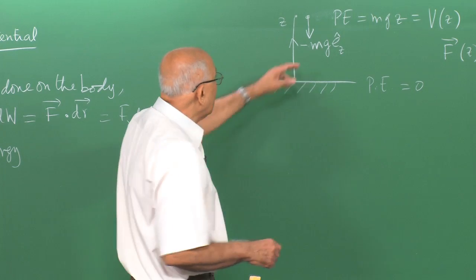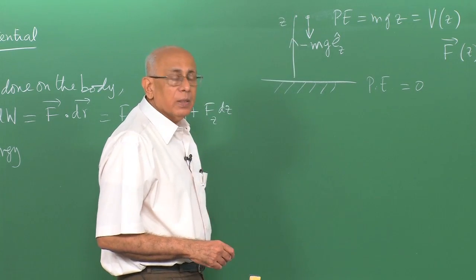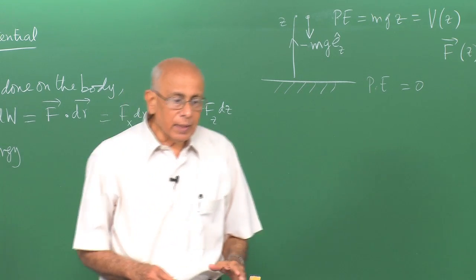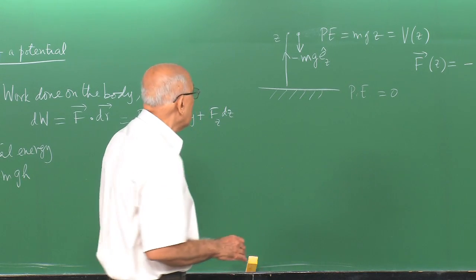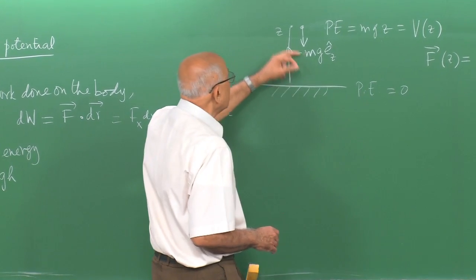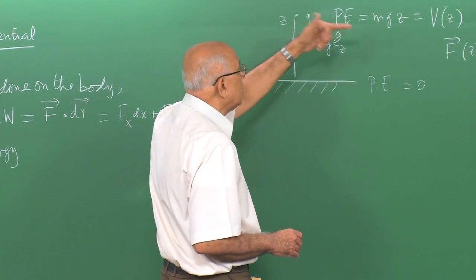Now of course you could put different masses at the same height. So you would like to have a concept which is related to the gravitational force alone without bringing in the specific mass. If I put in some other mass, capital M, then again this would be minus capital Mg Ez.